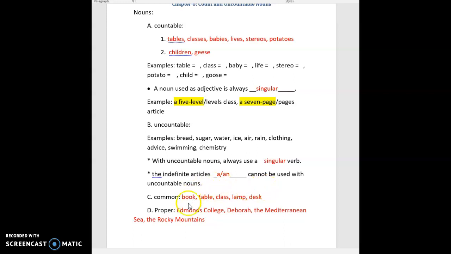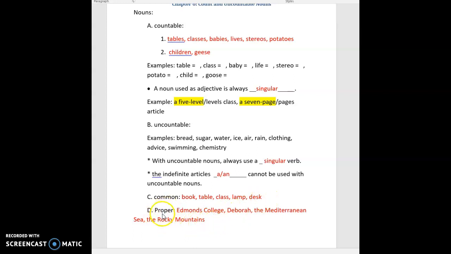Okay, so then finally we have the question of which nouns are capitalized. There are many, many common nouns in English, and usually these are just things that you see around you, that you can touch. Okay, books, tables, class, lamp, desk, iPhone.